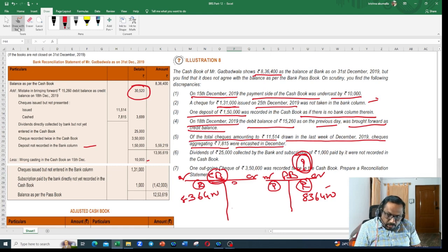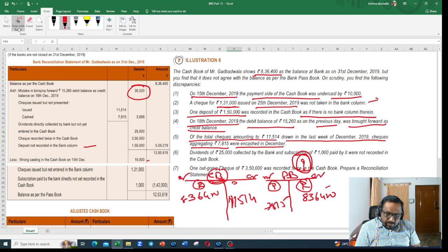When I issue the check, how much do I need to credit here? 11,514. I issued 11,514. But how many are presented? 7,815 were presented. So I kept 7,815 on the debit side of the passbook.